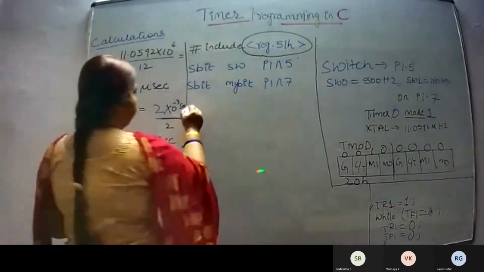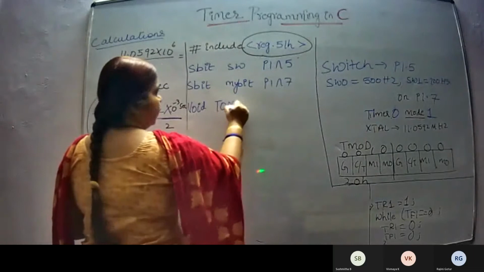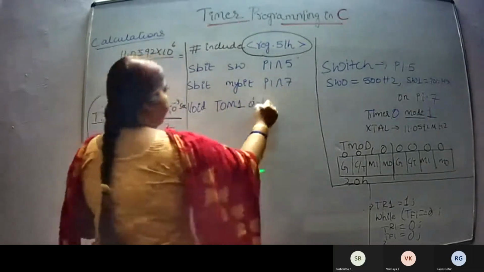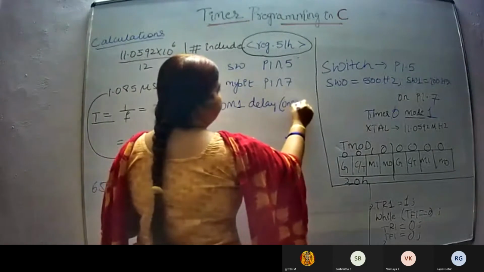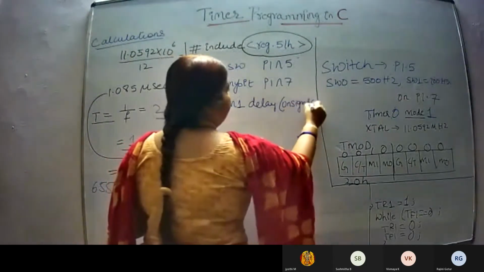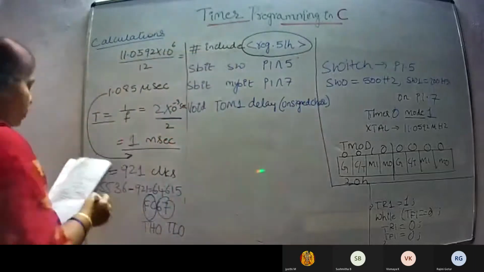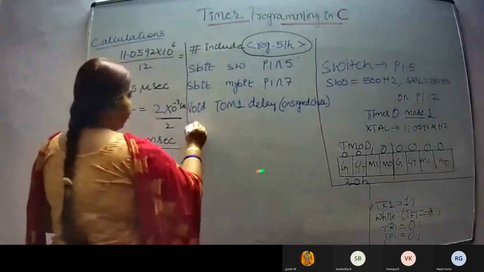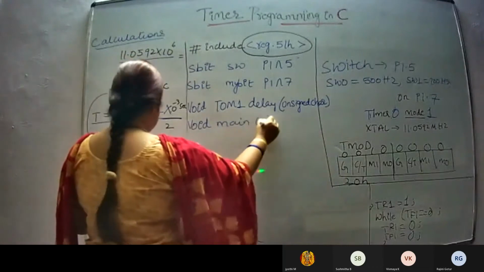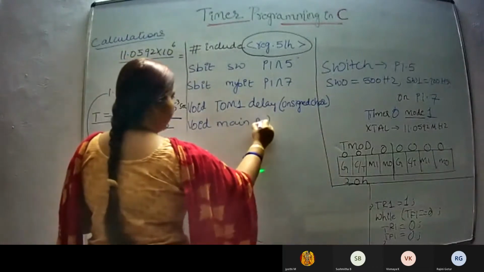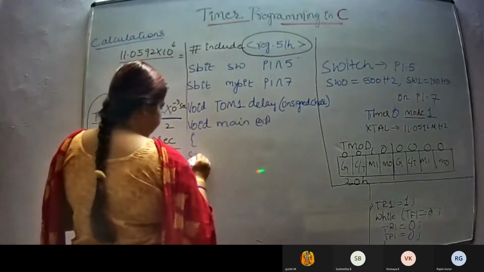Next we'll write our delay program. Void timer 0 mode 1 delay, which takes an unsigned character, to check whether the switch is 0 or 1. Next write the main program. Void main, open the flower bracket.